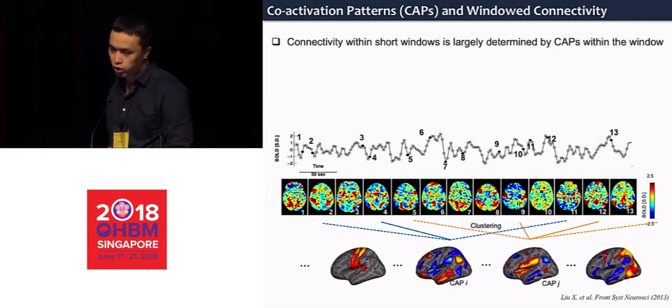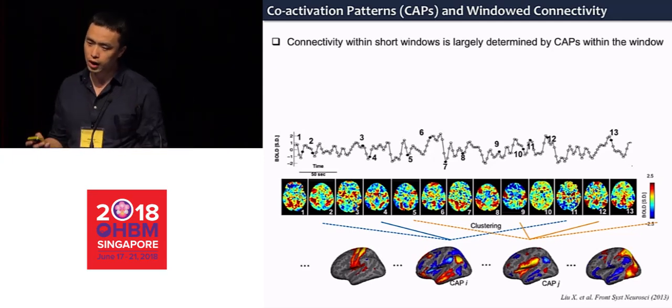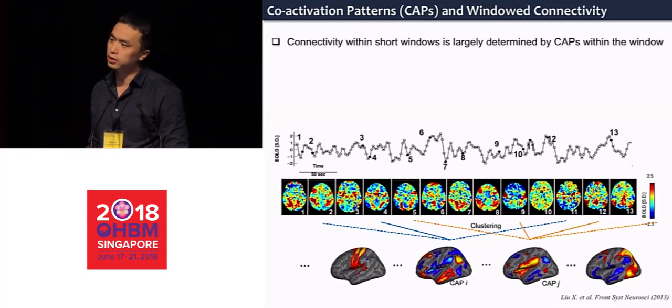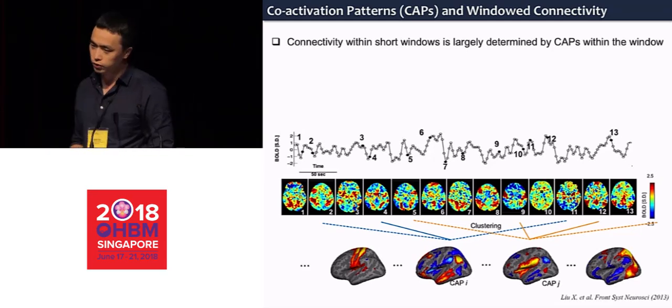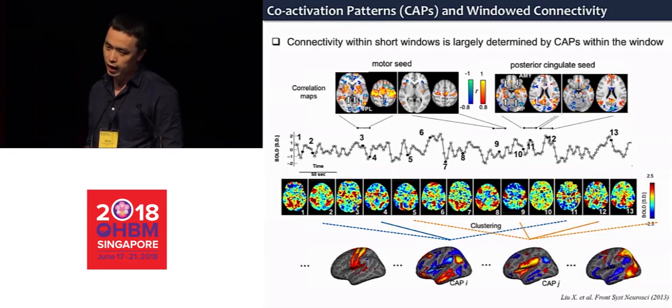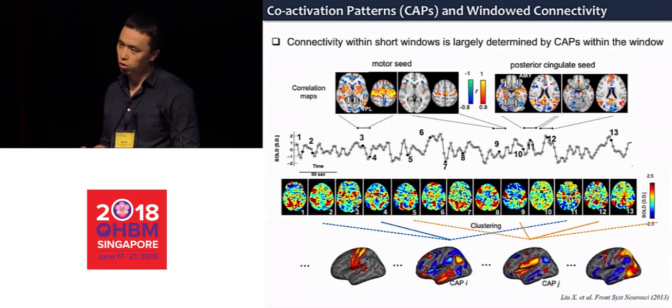Based on this observation, we proposed to classify those time points based on their spatial similarity. Then we average the time points within the subgroups to derive what we call co-activation patterns. We also believe that dynamic connectivity is largely determined by instantaneous co-activation.